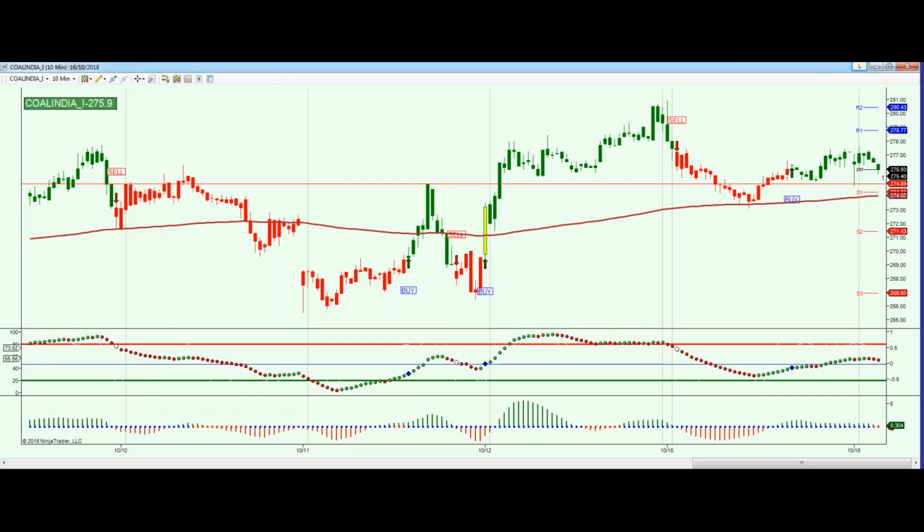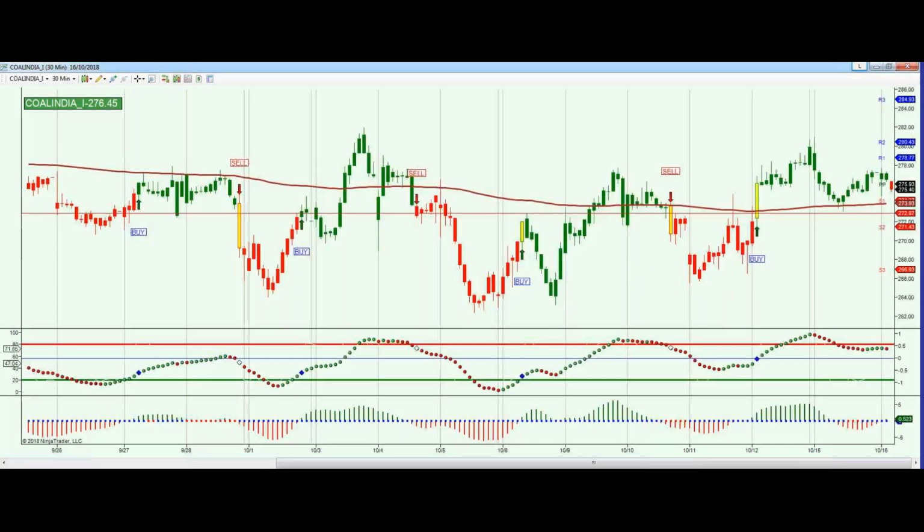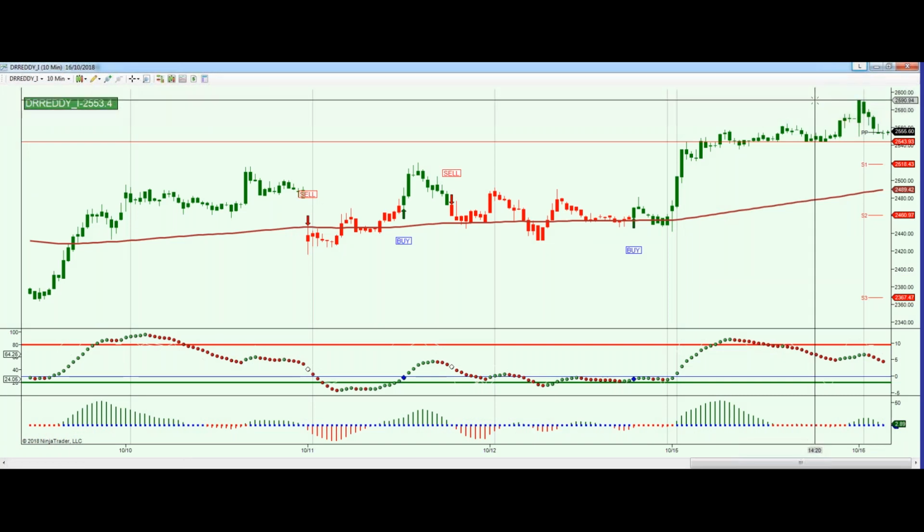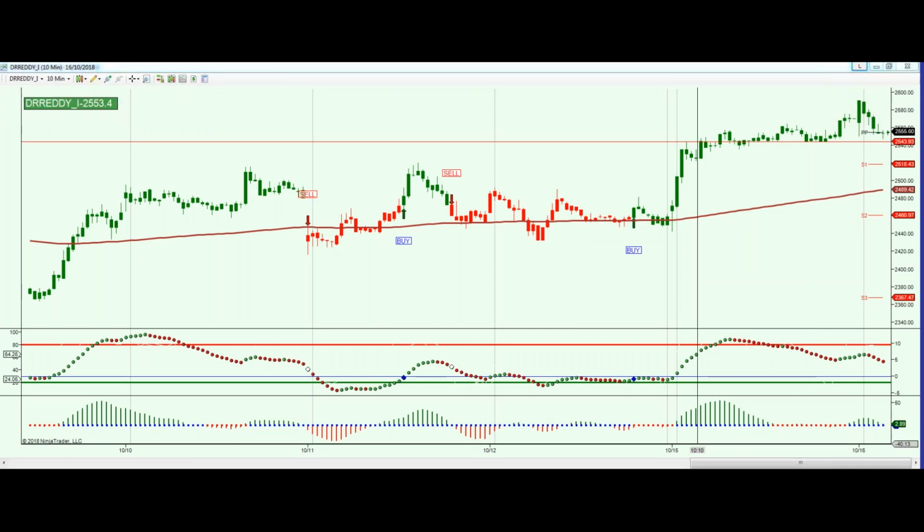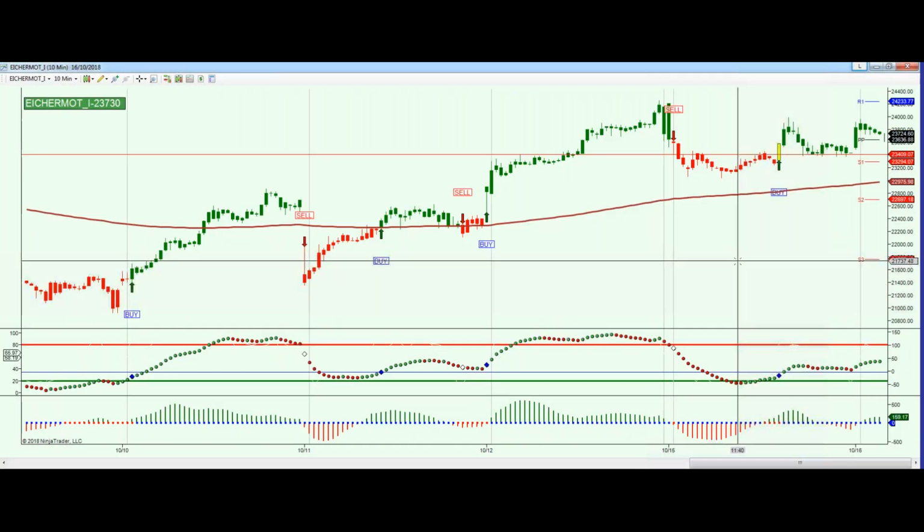Coal India, my buy call has not triggered. Dr. Reddy did make 2590, a very small profit. Tata Motors, 23855 is my entry.